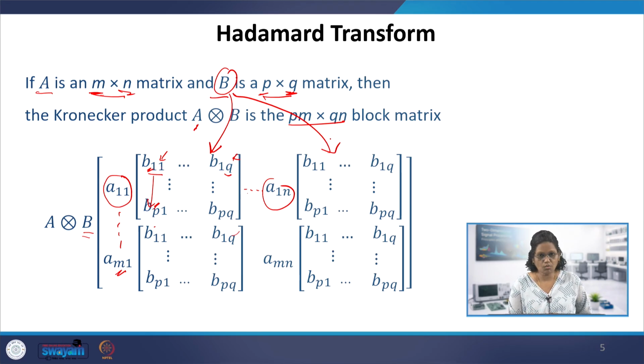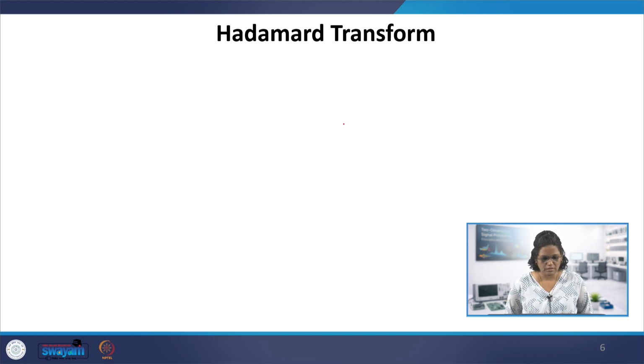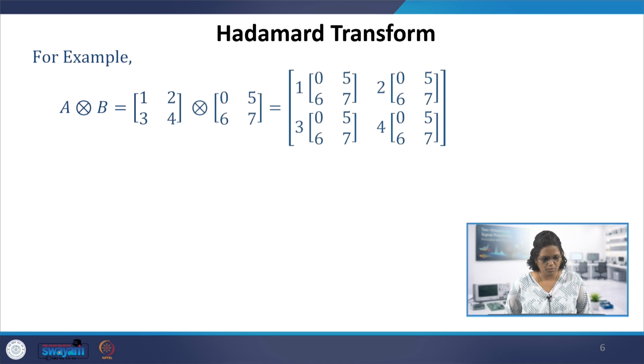So H1 Kronecker product H1 results in H2, which has PM and QN size: 2 cross 2 and 2 cross 2 matrices result in a 4 cross 4 matrix with 16 elements. For example, take the Kronecker product of A and B, where A is 1 2 3 4 and B is 0 5 6 7.